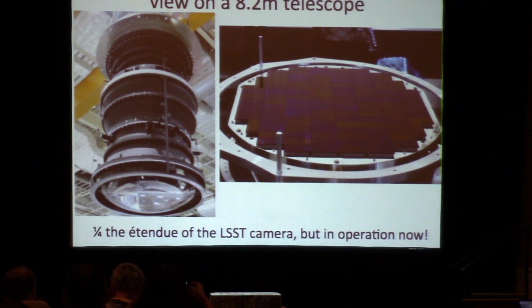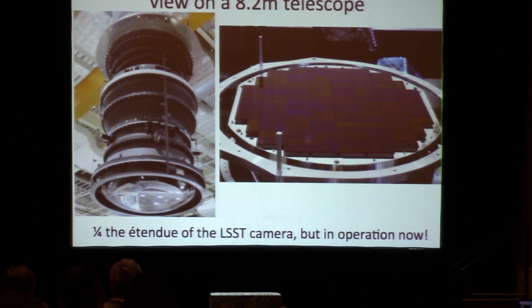Here's Hyper Suprime-Cam being installed at the Subaru telescope on Mauna Kea. This thing is absolutely huge. It stands taller than a person, and it's made of ceramic, which is very brittle, and you don't want to bump it. So they take great care as they maneuver it over the telescope.